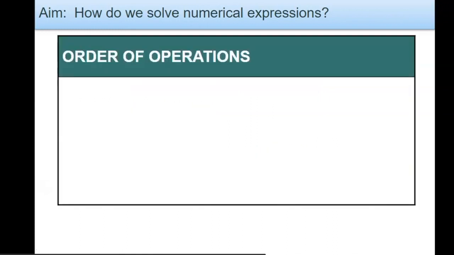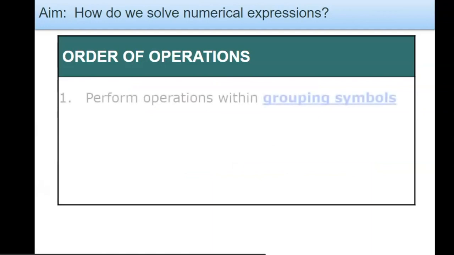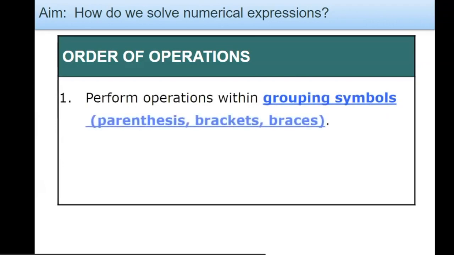So, how do we solve numerical expressions using the order of operations? Well, one, you perform operations with grouping symbols. Usually in 5th grade it's parentheses, but you might also see brackets or braces. Then we evaluate our exponents.